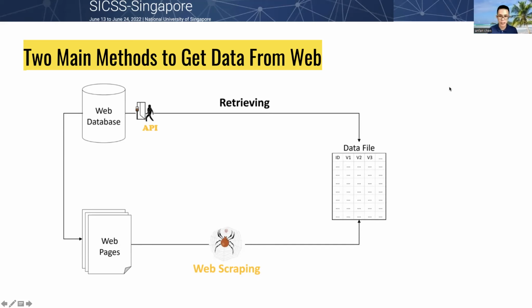TikTok is the overseas version of Douyin, and Douyin is usually used by mainland China users. TikTok does have an API for researchers to get data, but Douyin does not have such a way to get data.